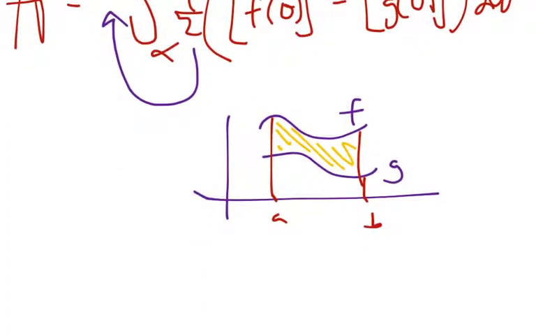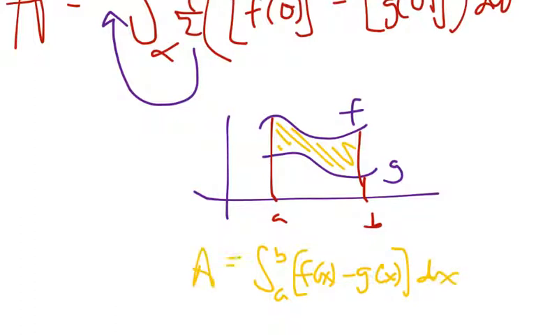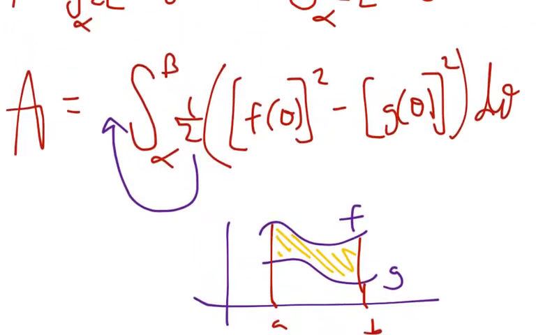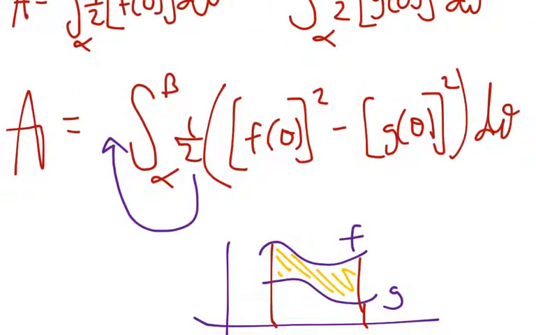In rectangular form, the area would be the integral from A to B, and we would just subtract f of x minus g of x, and do that with respect to x, and that would be the area bounded between the two curves, top minus bottom. The difference here is, notice, that we have to do outer squared minus inner squared. Times that half, don't forget that, and the integral and whatnot.